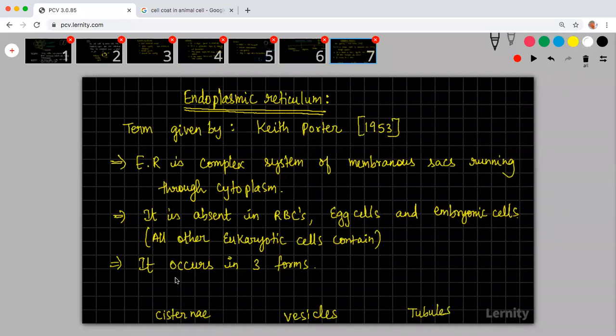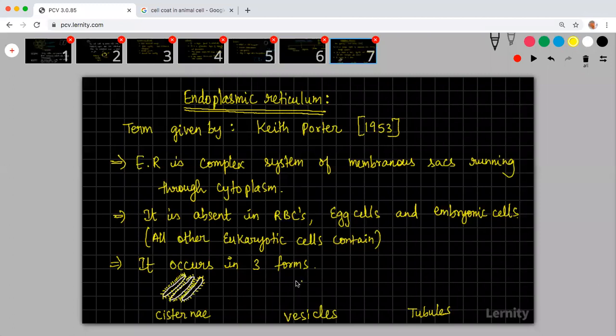How will the cisternae look? The cisternae will look like this, with some projections. So this is how cisternae will look.